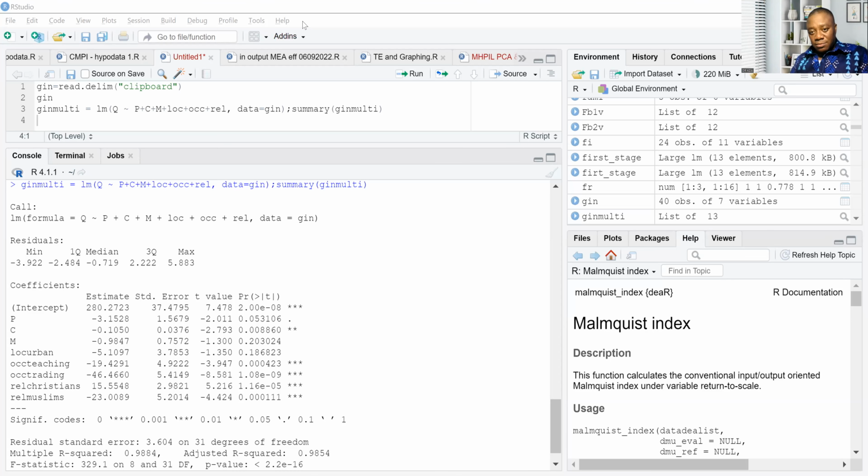99% of the variation in, I'm looking for the, you have forgotten what Q stands for. Yes, boss, it is the quantity demanded of gene bitters. So 99% of the variation in the quantity demanded of gene bitters is explained by the location.